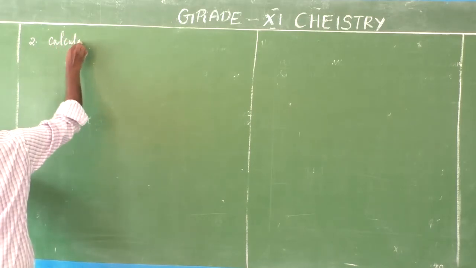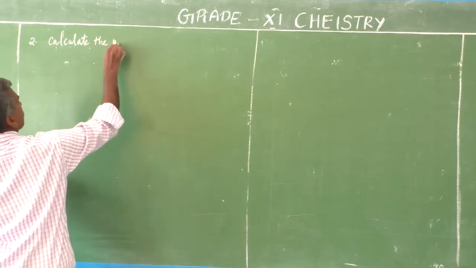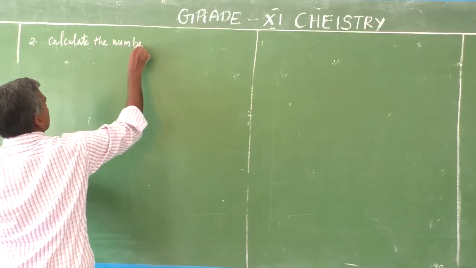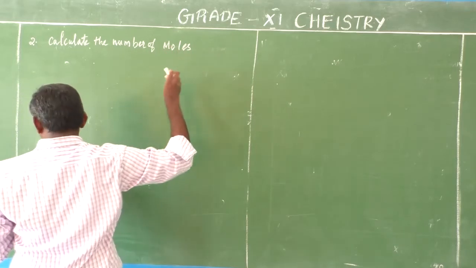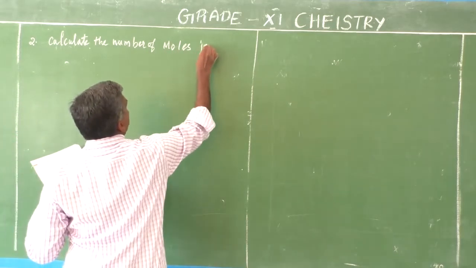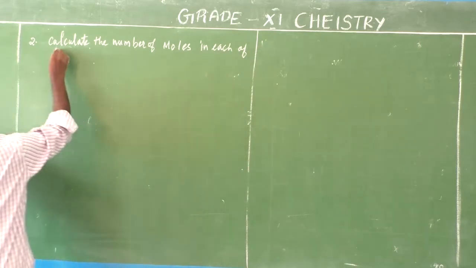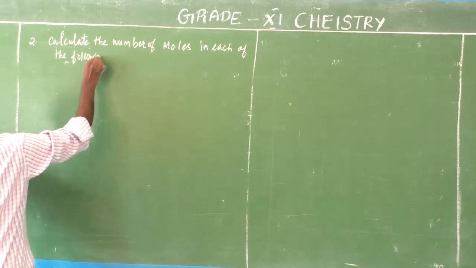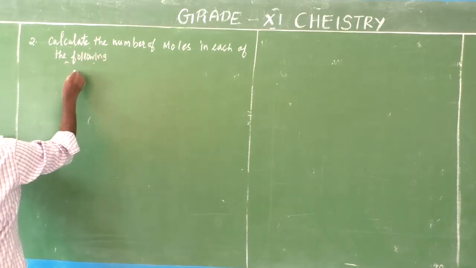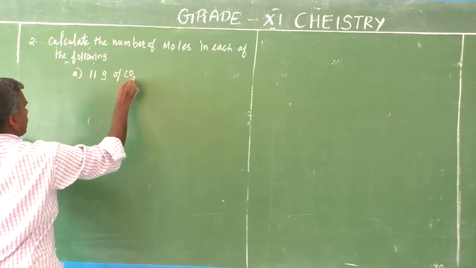Calculate the number of moles in each of the following. A: 11 gram of carbon dioxide.